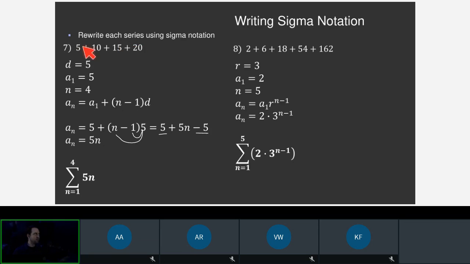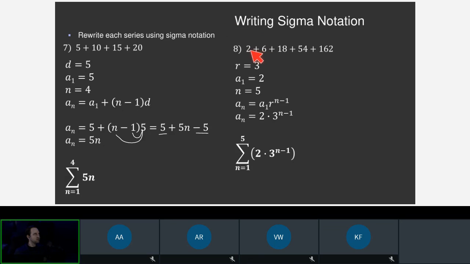If you had recognized that, we could have skipped all of this math and gone straight from the question here to 5 times n. Ooh, isn't that neat? I think it's neat.